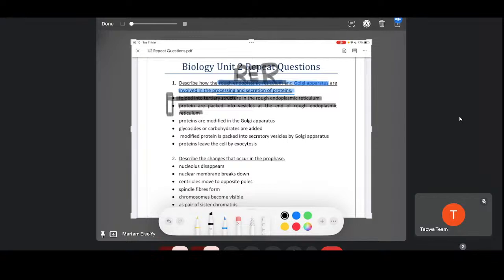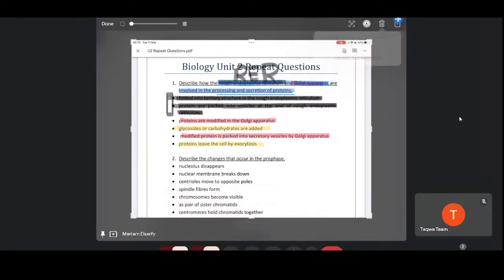Protein is folded into tertiary structure in the rough endoplasmic reticulum, and proteins are packed into vesicles at the end of the rough endoplasmic reticulum. For the Golgi apparatus, the proteins are modified in it, and the modified protein is packed into secretory vesicles by the Golgi apparatus. Glycosides or carbohydrates are also added, and so the proteins leave the cell by exocytosis. Okay, that's great.